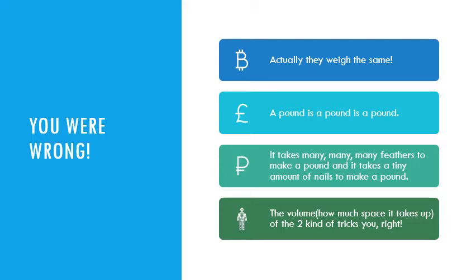Actually, they weigh the same. A pound is a pound is a pound. It takes many, many feathers to make a pound, and it takes a tiny amount of nails to make a pound. The volume, how much space it takes up, of two different kinds of things tricks you, right?